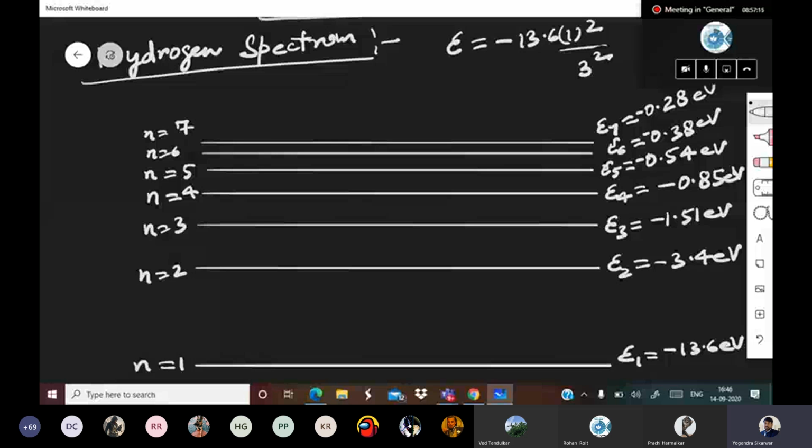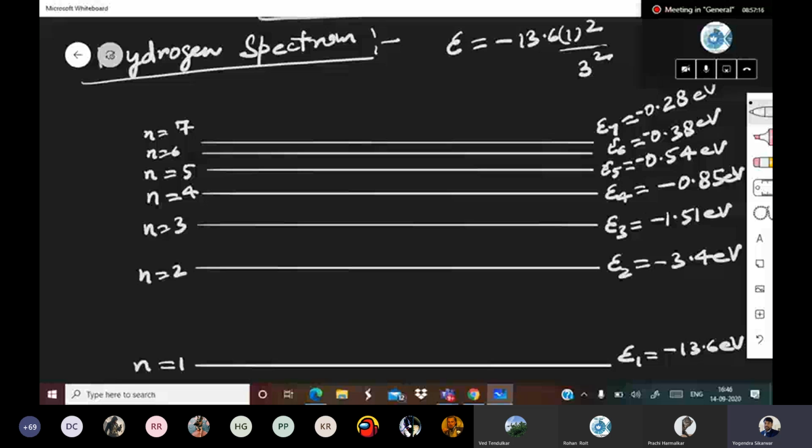Now, listen very carefully. When an electron transits from a higher energy level to a lower energy level, energy will be released, right?